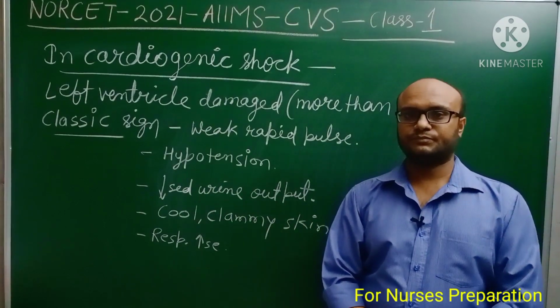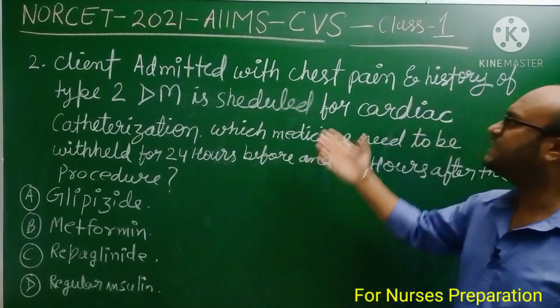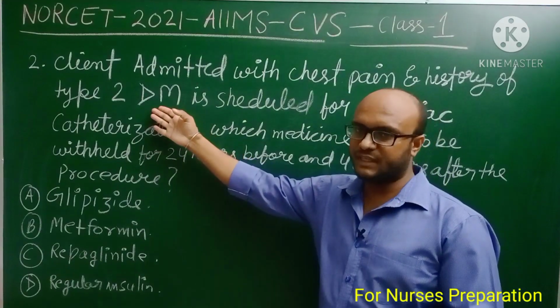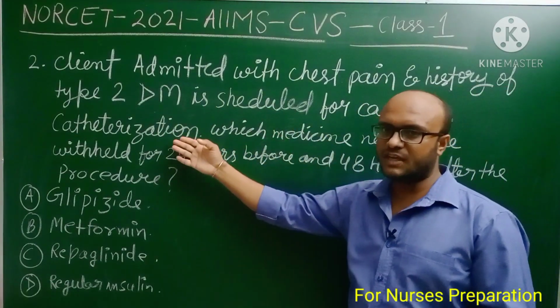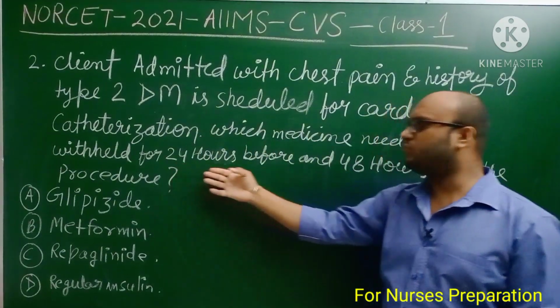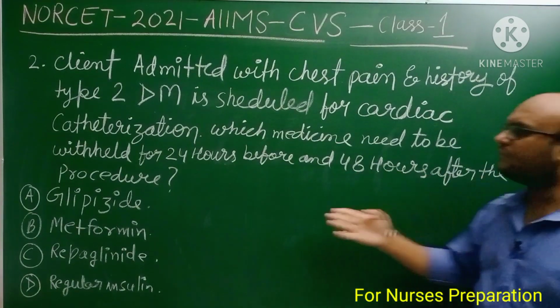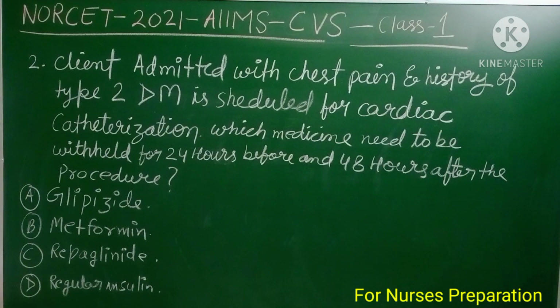Question number 2: A client is admitted with chest pain and a history of type 2 diabetes mellitus and is scheduled for cardiac catheterization. Which medicine needs to be withheld for 24 hours before and 48 hours after the procedure? A client comes to the hospital with a complaint of chest pain.